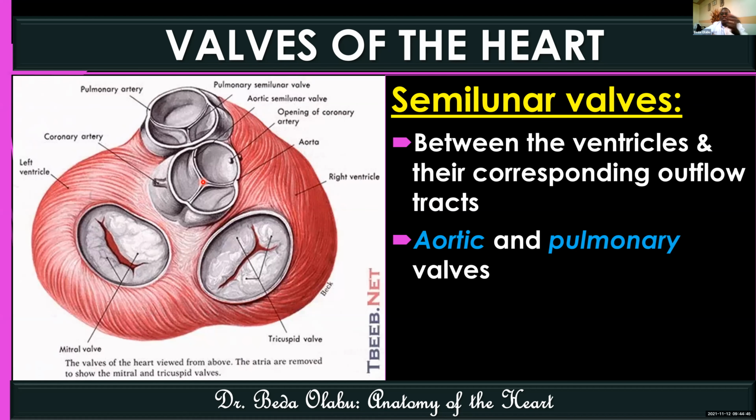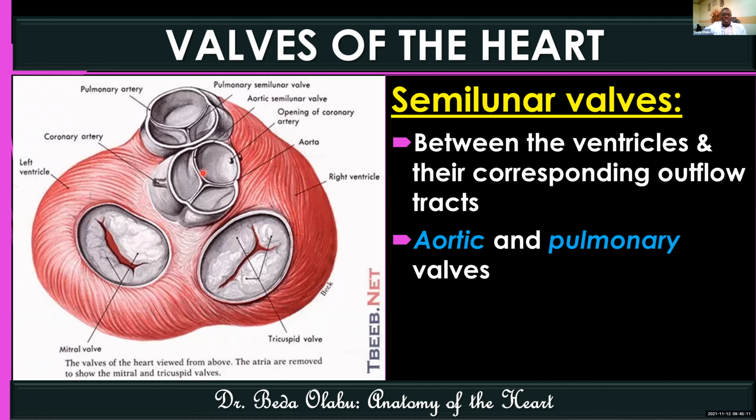If you look at my video, the right ventricle, which is that one, gives you an artery that goes to the left and crosses anterior. The left ventricle, which is on the left, gives you the aorta, which goes posterior and to the right. So they cross like that.